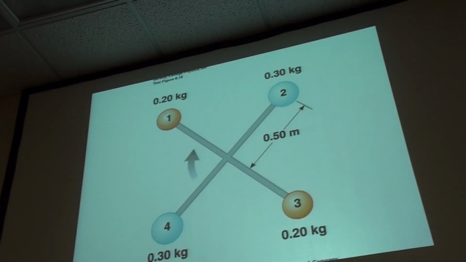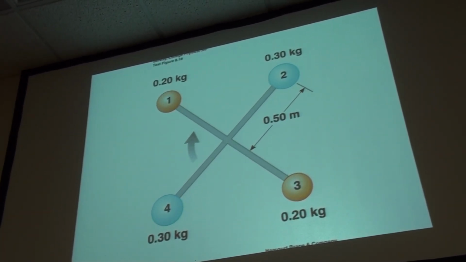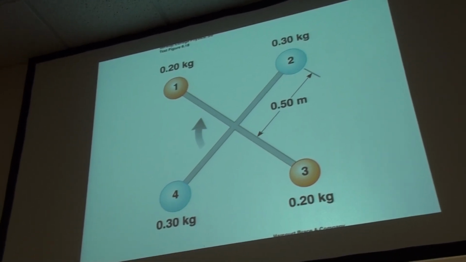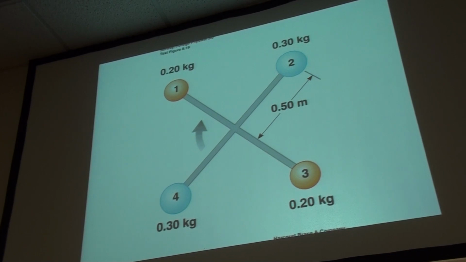So what if we had a whole bunch of point masses like this? Let's say that we are going to neglect the mass of the connecting struts. Then for this kind of a problem, we would just sum up the individual moments of inertia about some central spin axis.